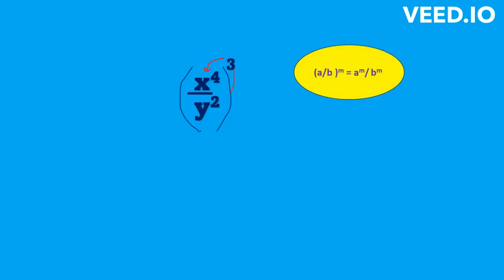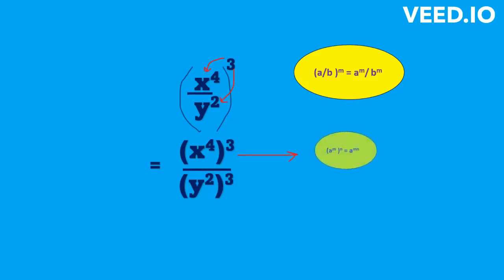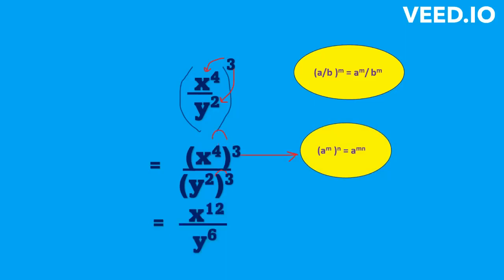The exponent has to apply to both the numerator and denominator because we have a bigger parenthesis there. So x power 4 whole power 3 is nothing but you just multiply those exponents, a power m whole power n. This should remind us of this rule. So here x power 12 divided by y power 6.